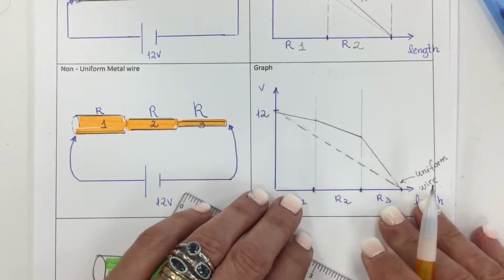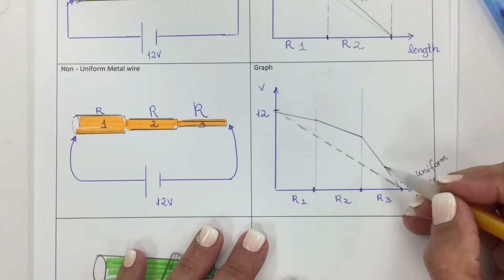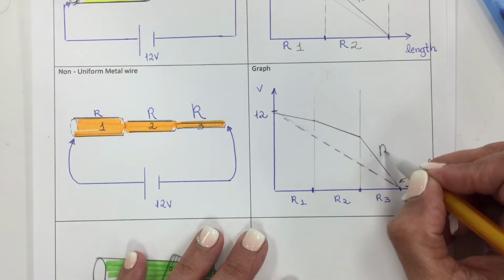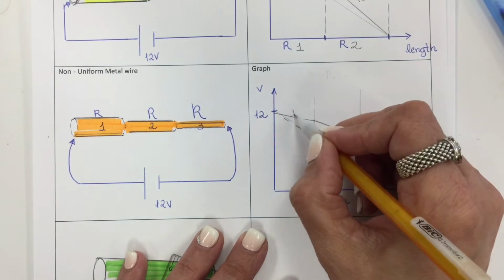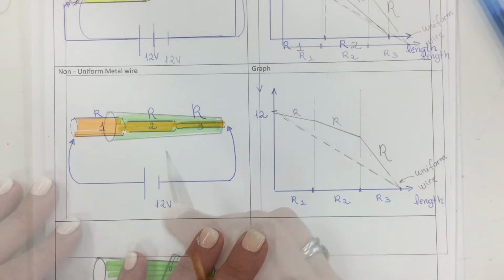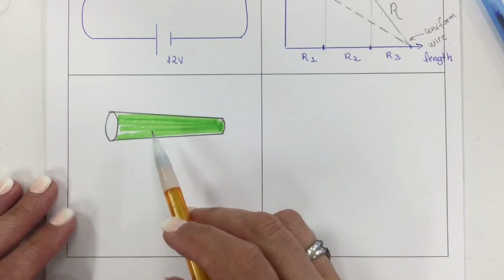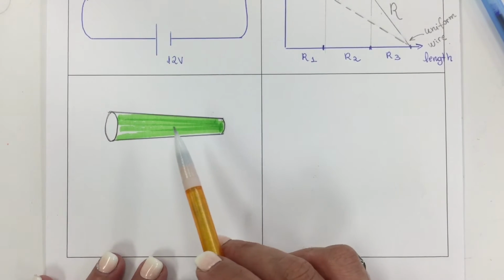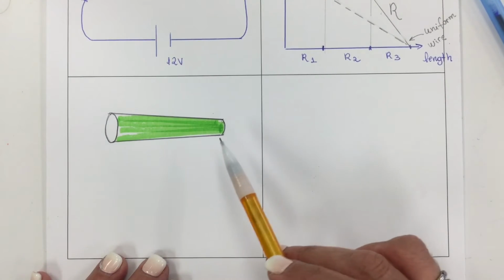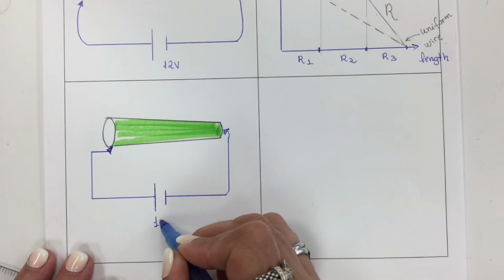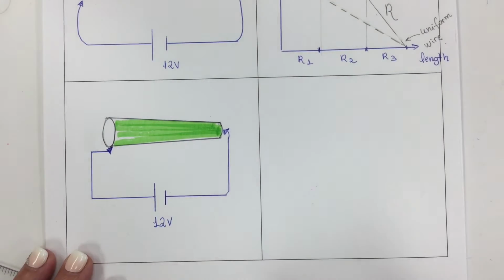Okay. So now this one here is the steeper one, because this one is the big R. This is the small R. And this is kind of in the middle. Okay, now we have a wire with a cone shape. So for each section, you have a different cross-sectional area. I'm going to supply voltage for this wire of 12 volts. And let's see what happens.